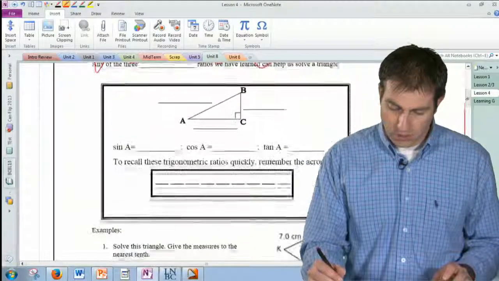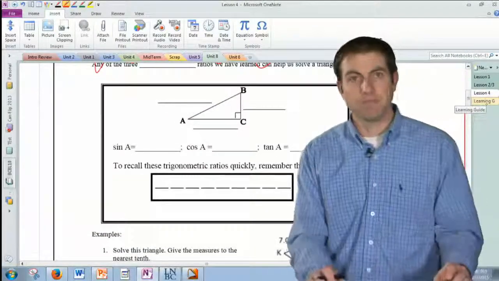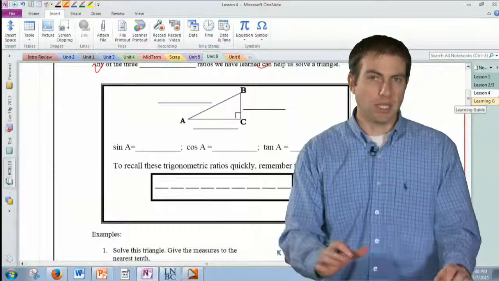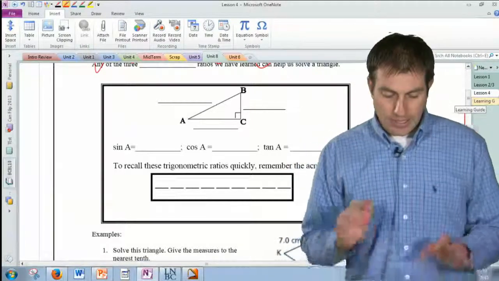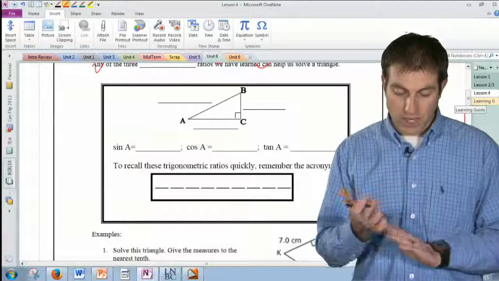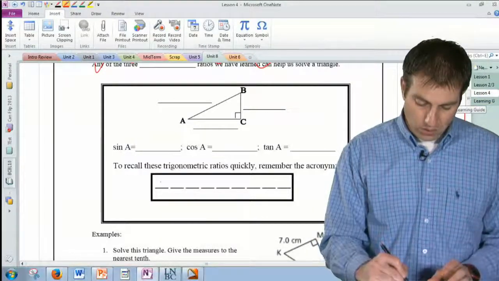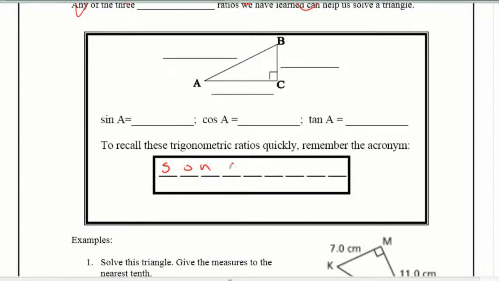So what I'm going to do is, I just want you to recall the 3 trig ratios that we talked about in the last lesson, and what we used as our acronym to do that. If you recall, we called it SOHCAHTOA. If we picked an angle like A, we'd have the opposite side, this would be the adjacent side, and this is my hypotenuse.